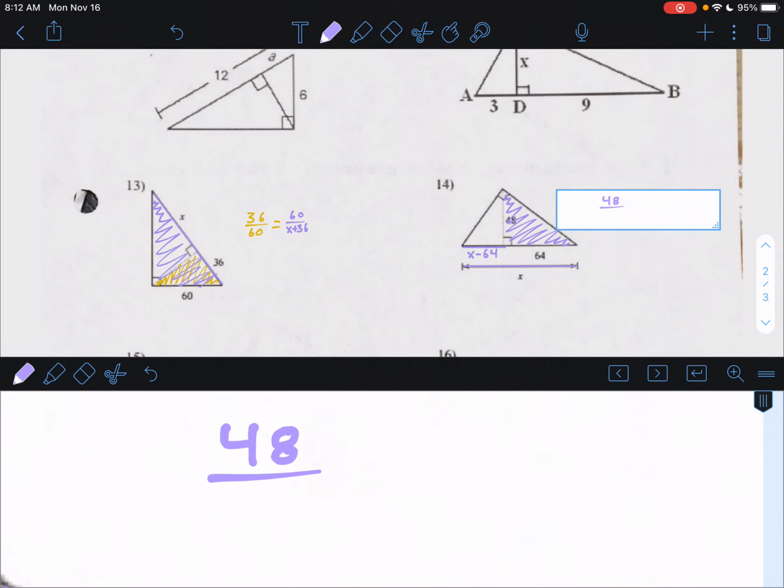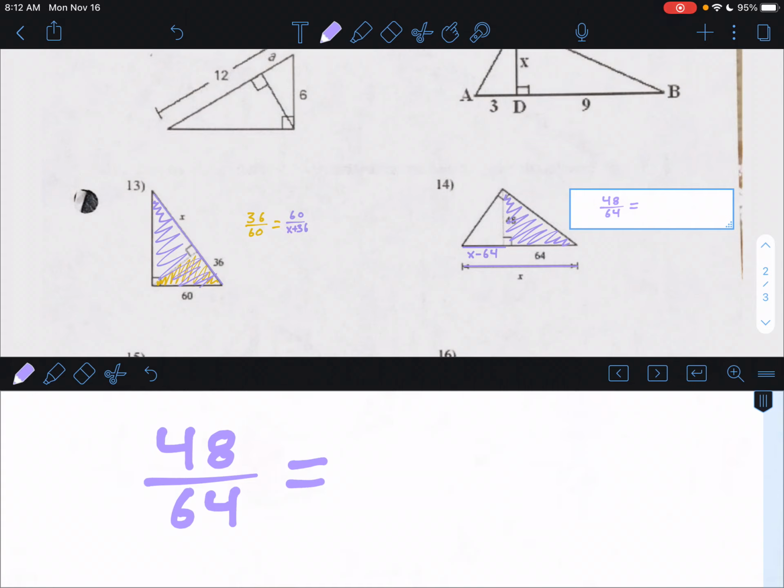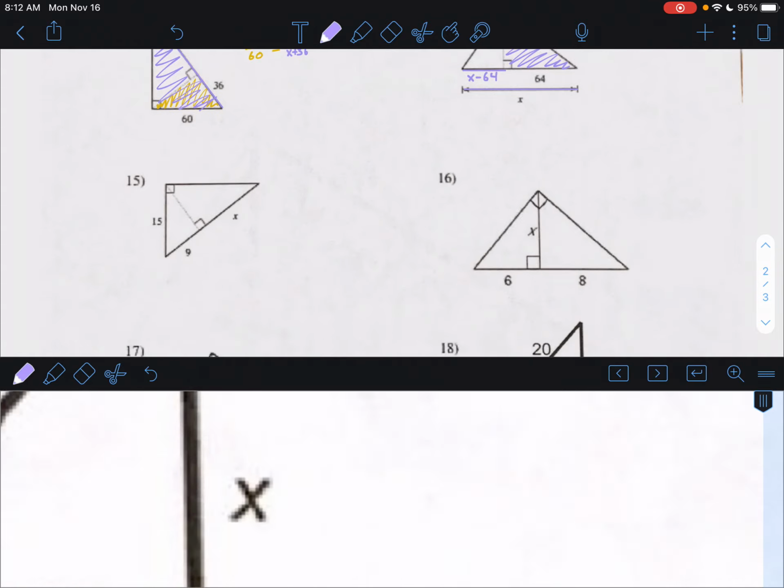The long leg was 64. The short leg of the smaller triangle was x minus 64. The long leg of the smaller triangle was 48. And that's how you would set that up and then solve it. I know you guys know how to solve for x on that one as well.